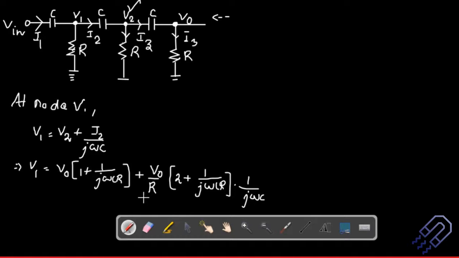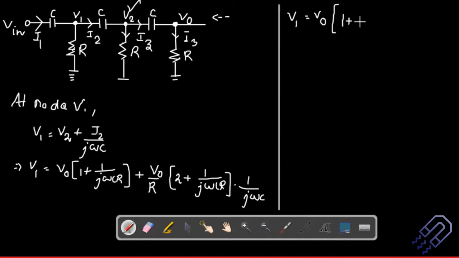Now what we can do is try simplifying this, and if we simplify this, we can simply write it down as V1 is equal to V0, taking V0 common. This would be nothing but 1 plus 3. So I would suggest to all of you, please check it.